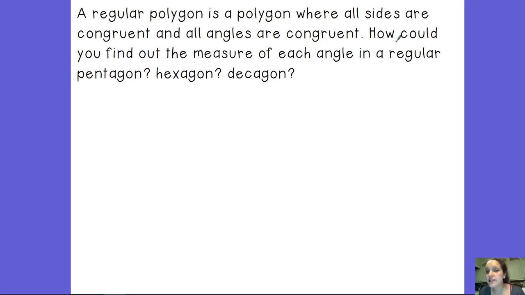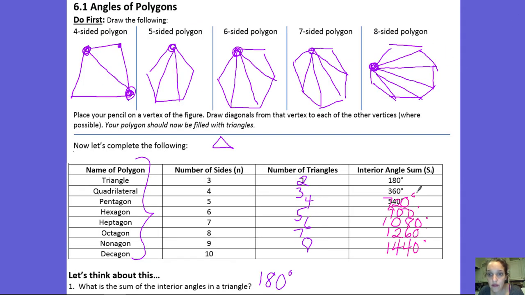So the question is, how could you find out the measure of each angle? Because if it's regular, all the angles are going to be the same. So if they're all the same, couldn't we figure out the measure of just one of those angles if we know it's regular? Well, we know the sum of all of the interior angles.